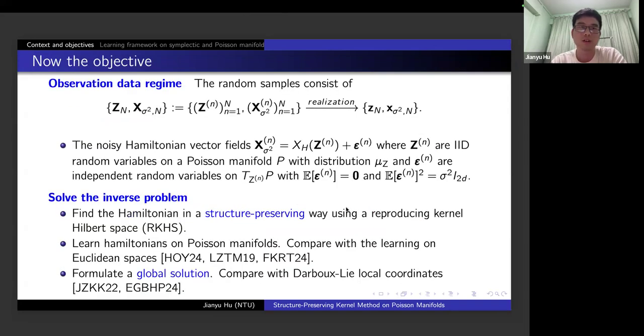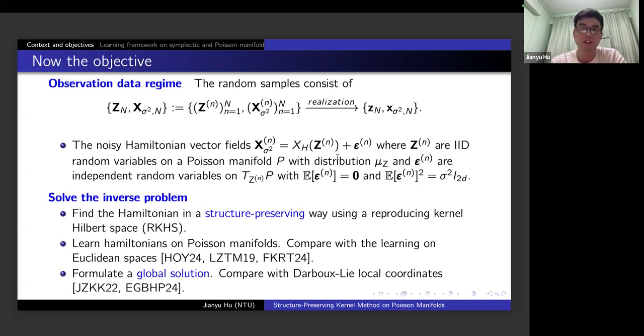Now for the objective. In our setting, suppose we are given random samples of noisy Hamiltonian vector fields. Here N is the sample size, X_H is the Hamiltonian vector field on a Poisson manifold, and these epsilon are observation noise.